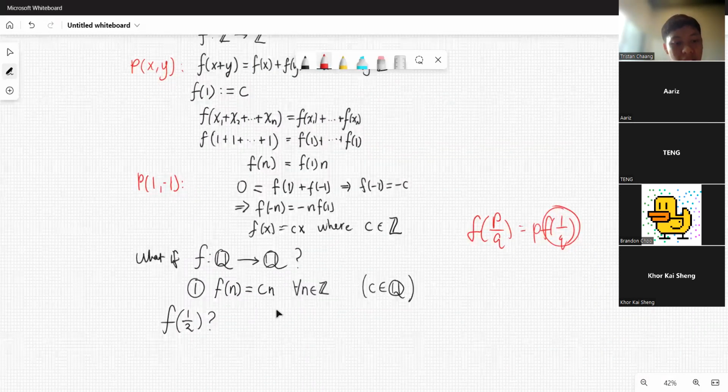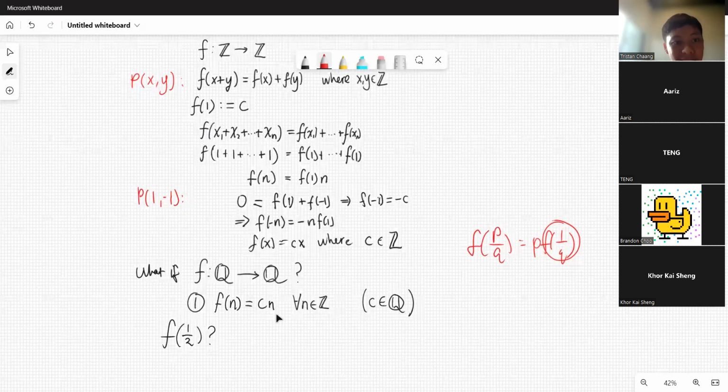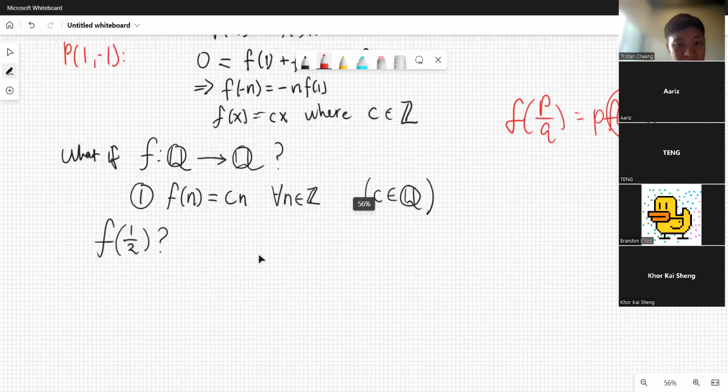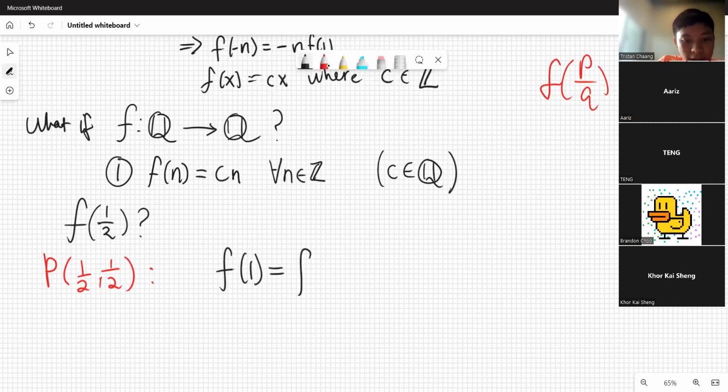But we know 1/2 plus 1/2 is an integer, right? It equals 1. So if we plug in 1/2 and 1/2, we get f(1) equals f(1/2) plus f(1/2), and f(1) is c, so f(1/2) equals c over 2.